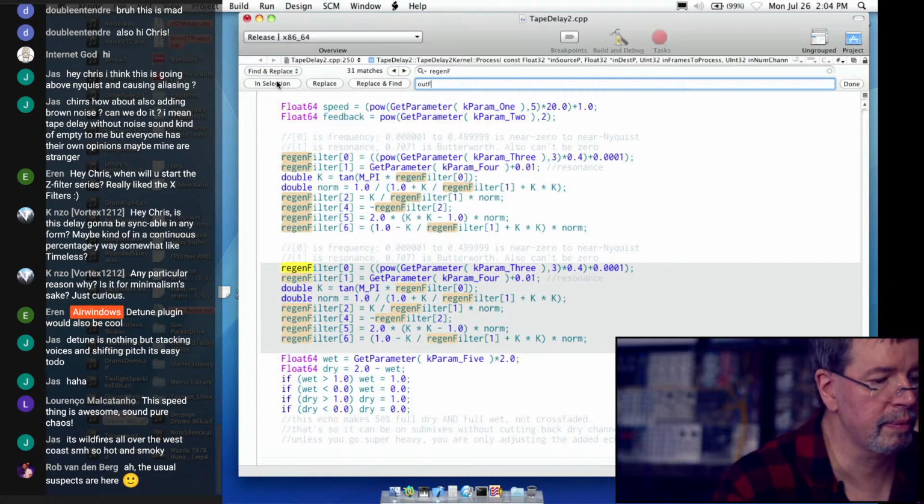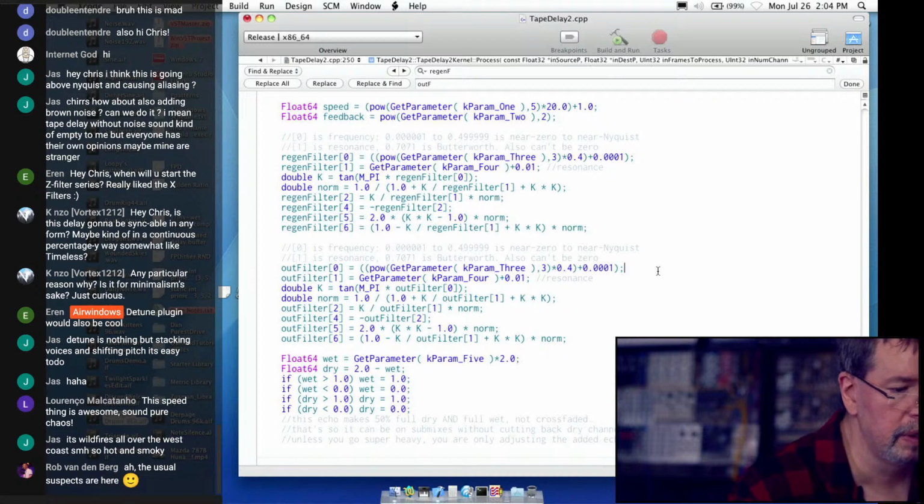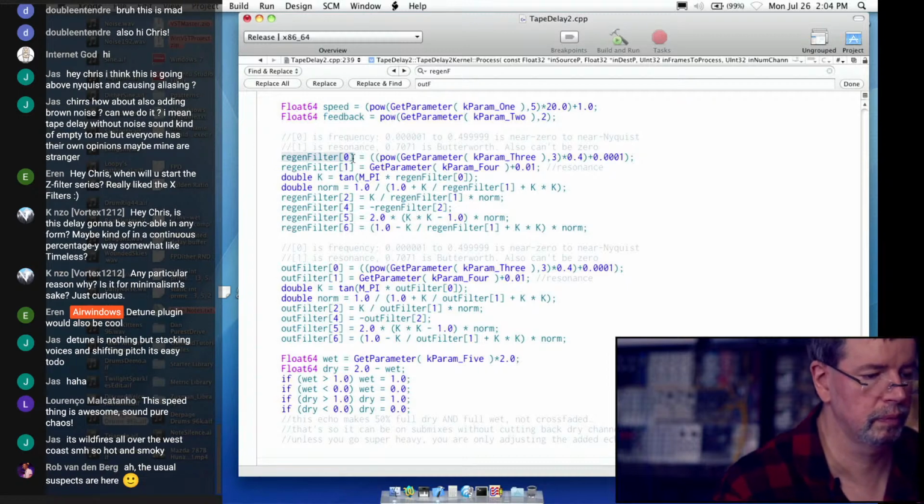And hold down Option to get in selection. There we go. So we're kind of doing these all over again, but we don't have to do literally all of this all over again. Because we don't have to do this over again.